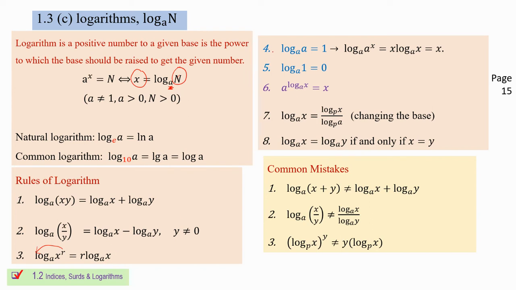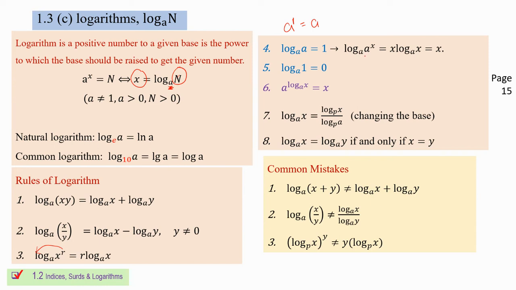Then these 4, 5, 6 are other properties of logarithms. If you have base a of a, you will get 1. This means any base to the power of 1 always gives the same thing, so log a a equals 1.